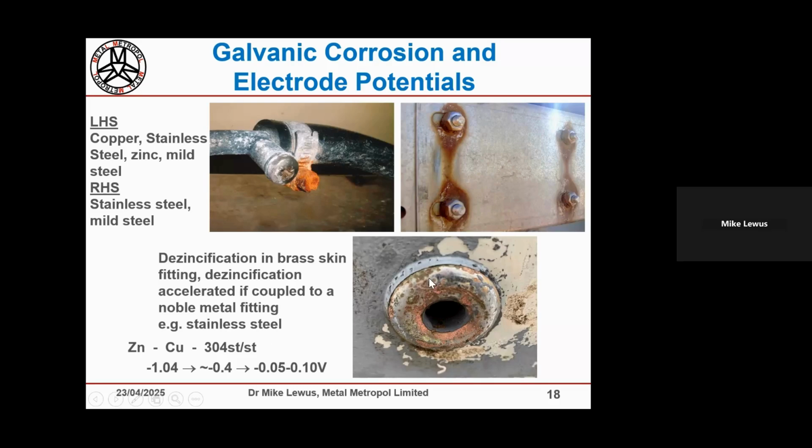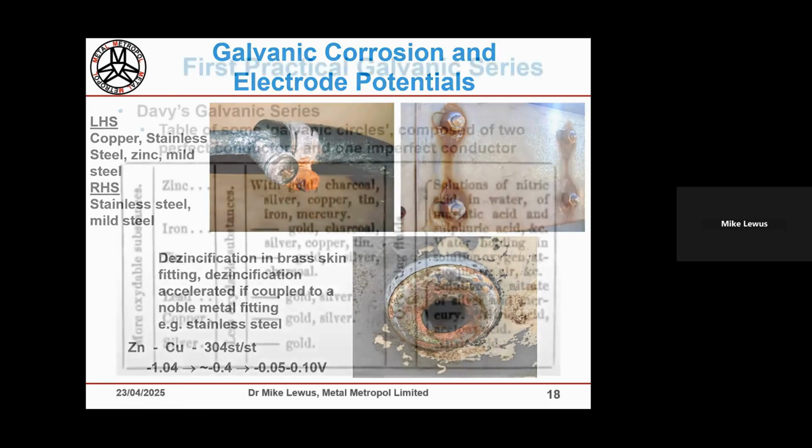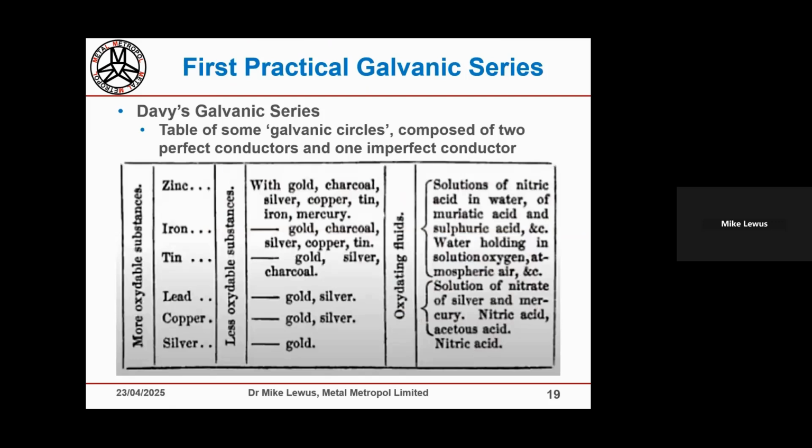An interesting point is if somewhere further back in this line, this fitting's connected to something else that's more noble, like stainless steel, this galvanic corrosion will be driven even harder. So, there's always several things that need to be investigated to really put your finger on, well, why has this level of corrosion occurred?